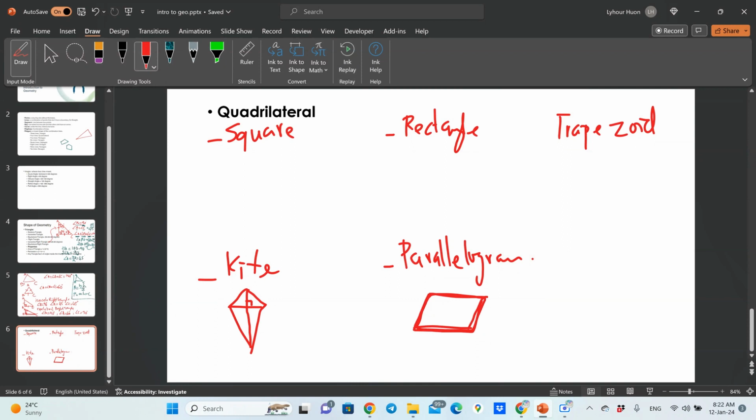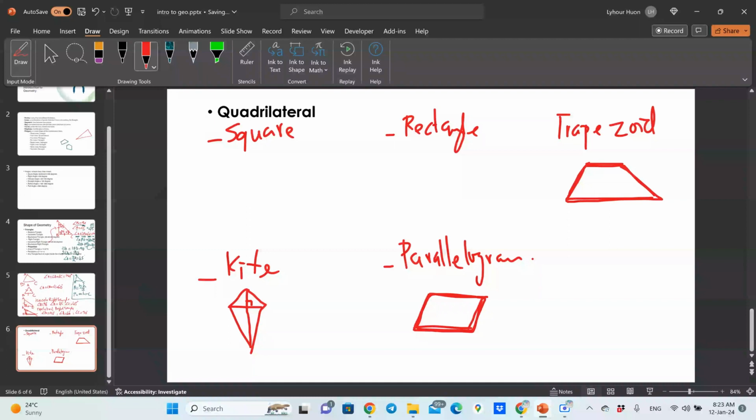One pair of opposite sides are parallel. For a parallelogram, two pairs are parallel, but for a trapezoid only one pair. So this shape is a trapezoid.